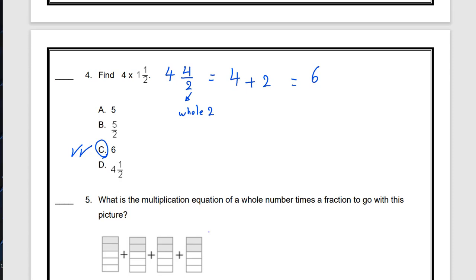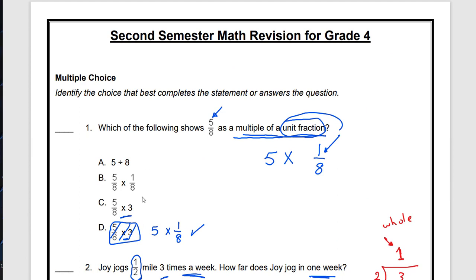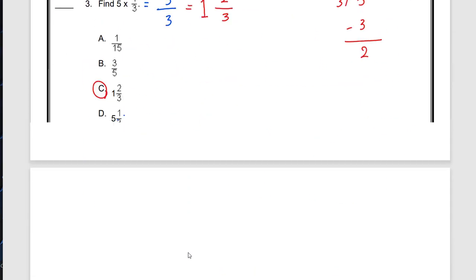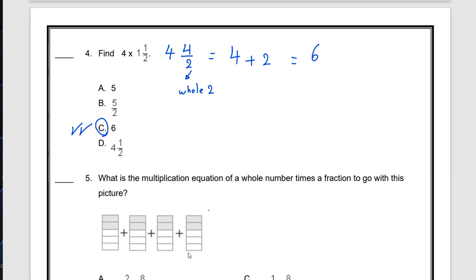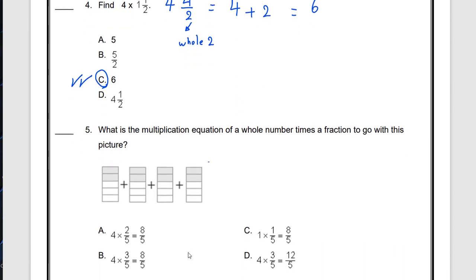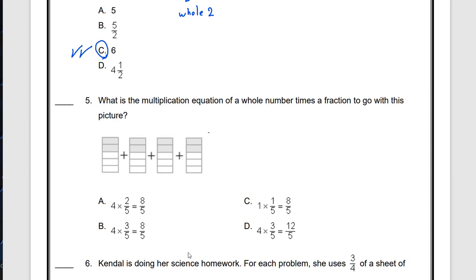The answer I put, it can be C or D. My hero, question number 1, we fixed it. All choices here are wrong. Just D is the correct. No. D is also wrong. We changed it. Oh, okay. The correct choice is 5 multiplied by the unit fraction 1/8. Okay, my heroes, any problems? No. Okay, let's move to the next one.